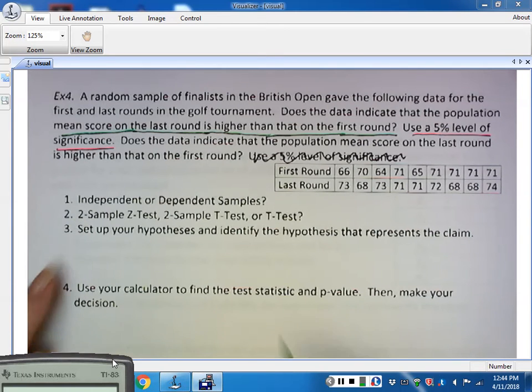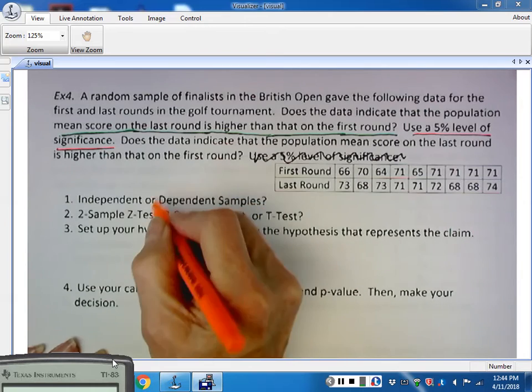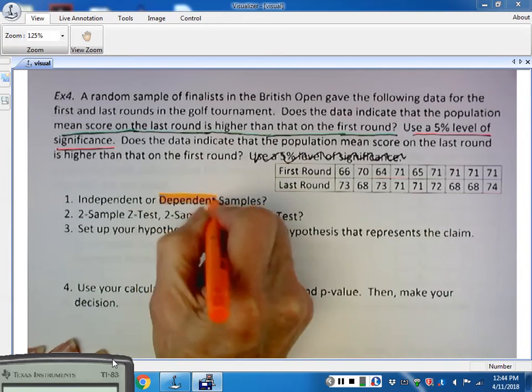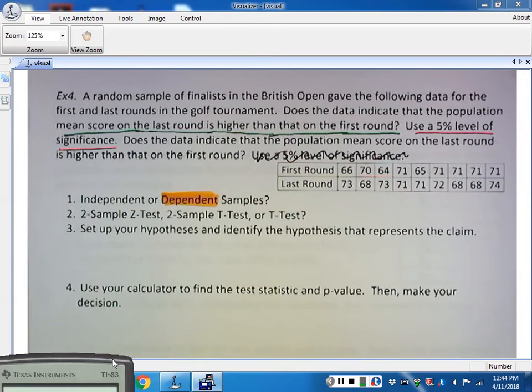So this is dependent. What that actually means is we do not have 2 independent samples. We have 1 sample of differences.